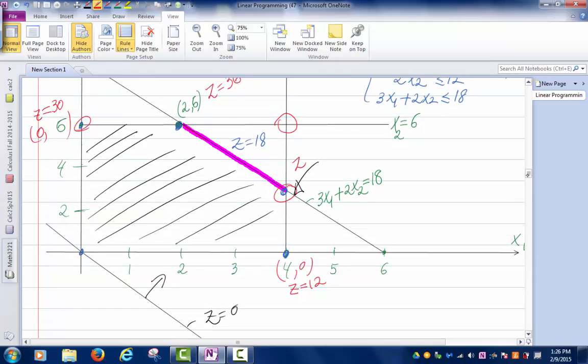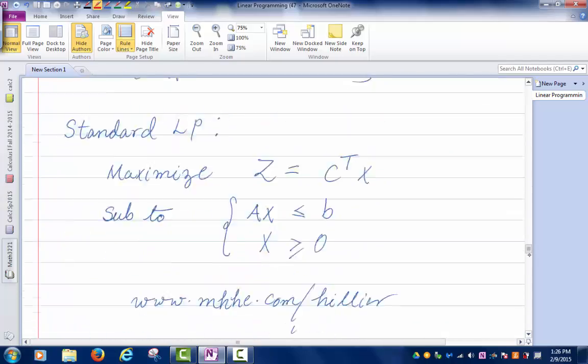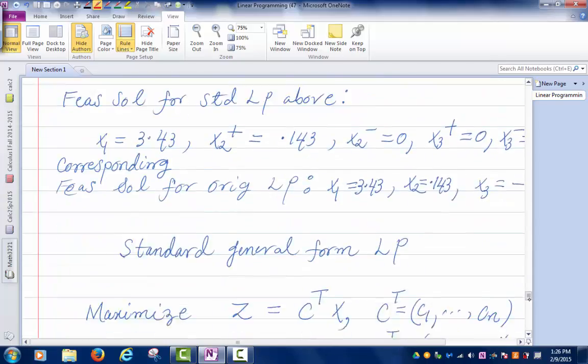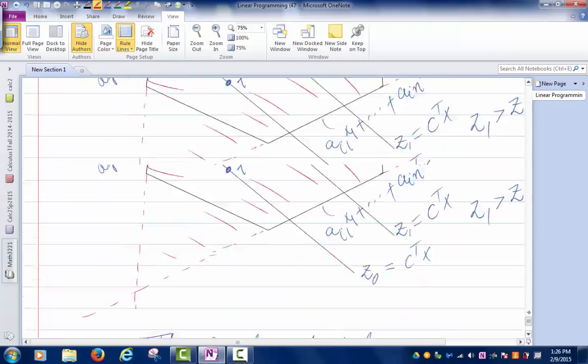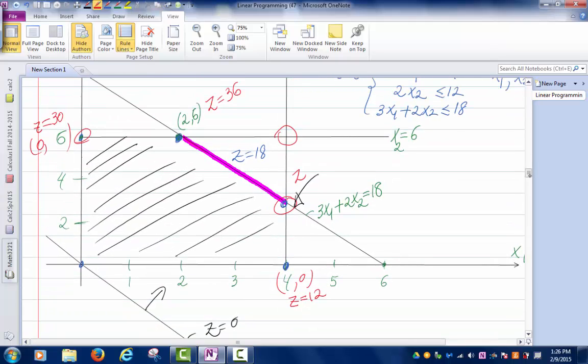Okay, so I thought I wrote it down somewhere, but I can't find it right now. Okay, so let me just try to see what that is.